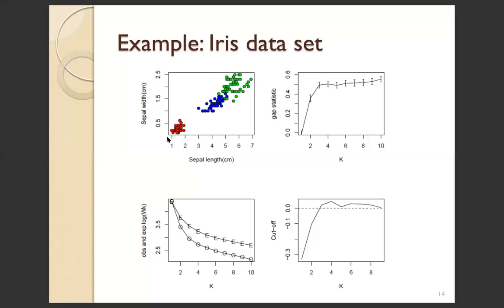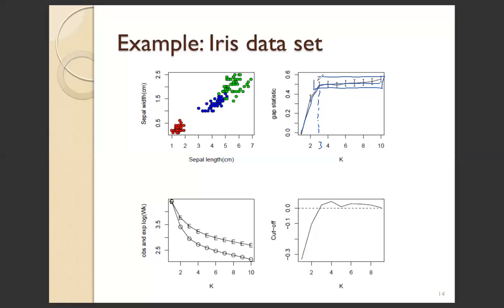If you look at this data, you'll find that it actually picks up 3 here. You can see that the gap statistic is increasing until 3, and after that it more or less flattens. The error bars for the rest are more or less overlapping, but for 3 the error bars are not overlapping with 2 and 1.